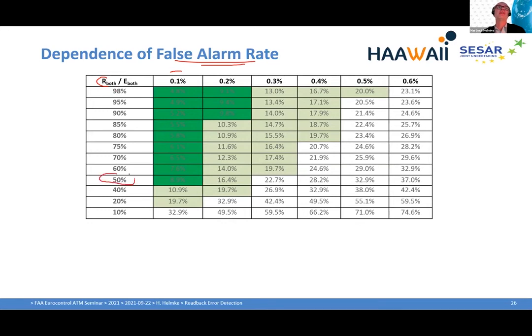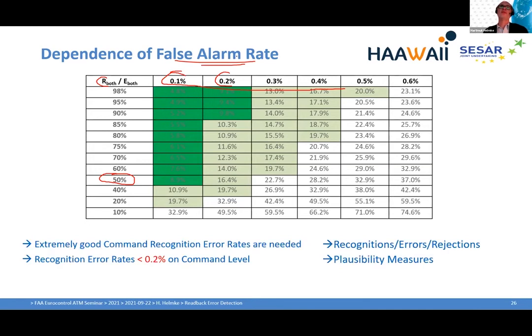Even with 50%, you might achieve a false alarm rate below 10%. But the error rate is really, really challenging. If you want a false alarm rate below 10%, you need an error rate below 0.2%. So from 1,000 ATCO pilot pairs, only 2 are allowed to be wrongly recognized. You really need to be extremely good.